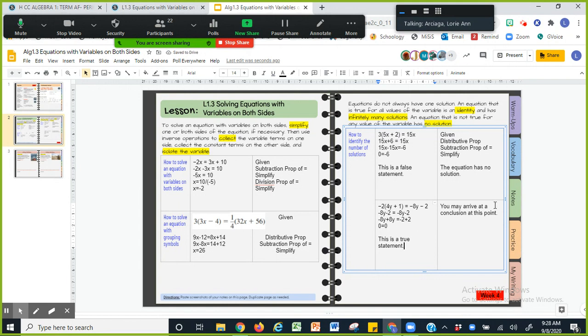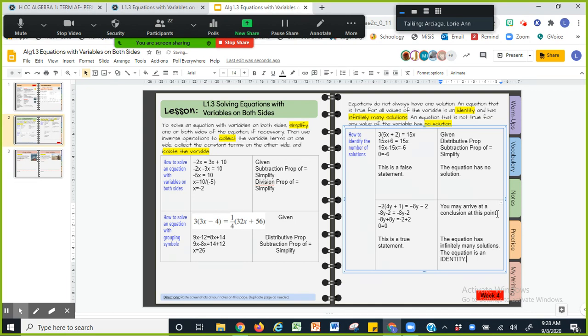So at this point, you can conclude that the equation has infinitely many solutions. In other words, the equation is an identity.